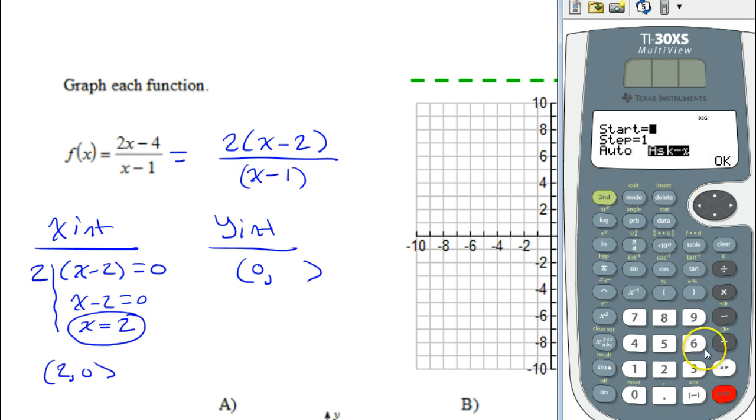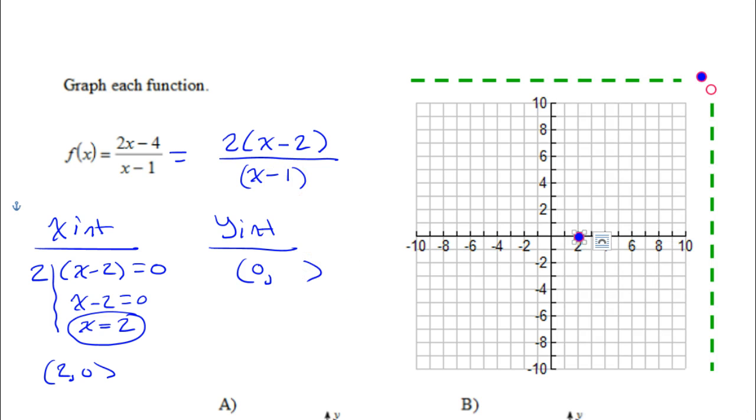I'm going to leave it in AskX mode. So I want to know what's happening at 0. So I've got 0, 4. So that's going to be my y-intercept. Alright, so there's my y-intercept.